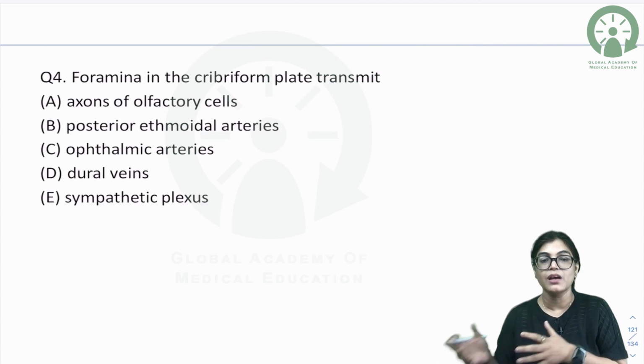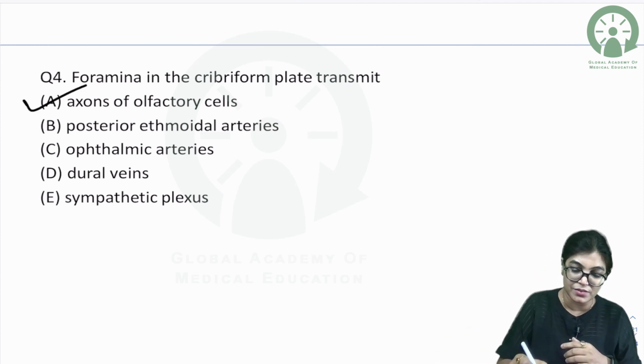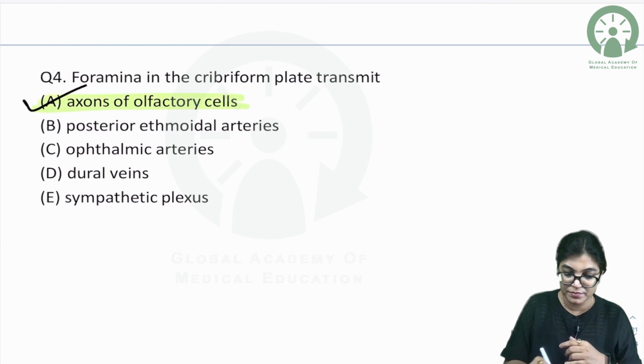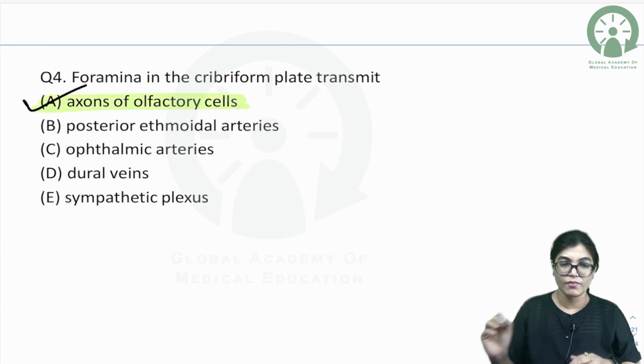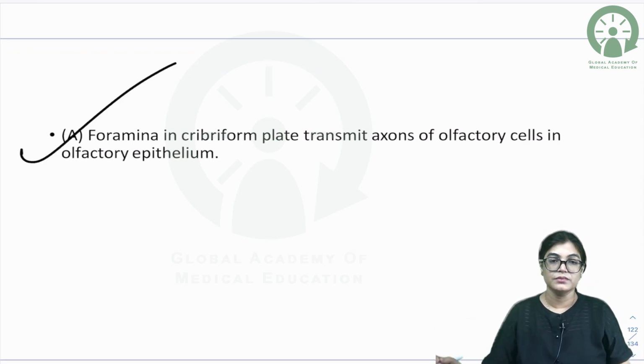What does that mean? Olfactory nerve rootlet means axons of olfactory cells. So, the correct answer will be A. Foramina in cribriform plate transmit axons of olfactory cells.